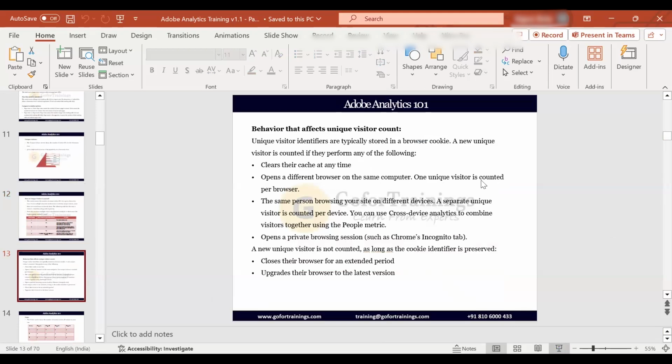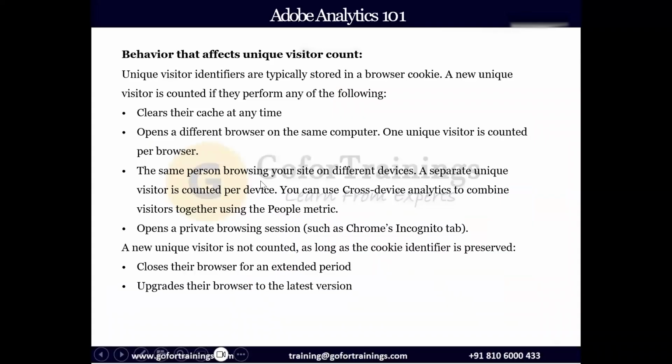Now, behavior that affects the unique visitor count. If you are clearing your cookies, it would change. If you are using a different browser, it will change. If you are browsing your site on different devices, it will change. If you go on mobile and desktop, it's different.